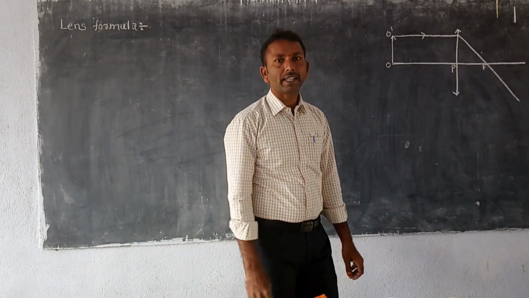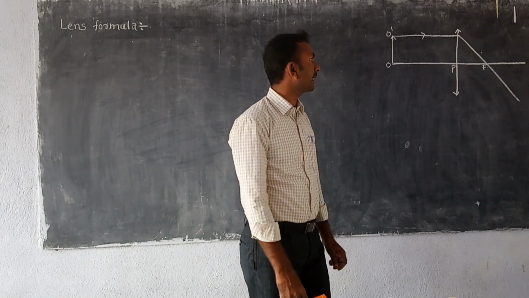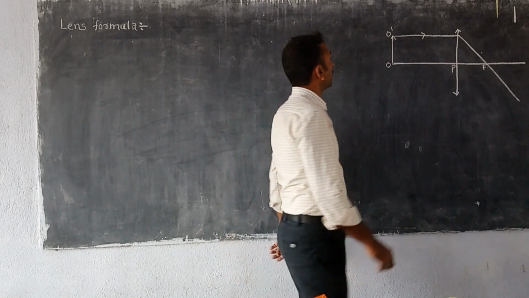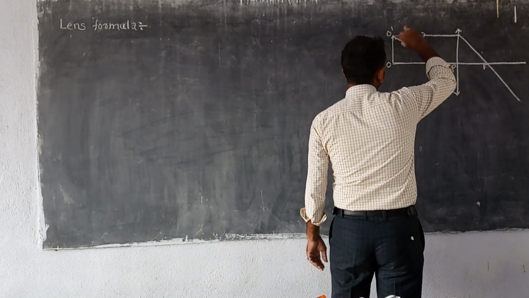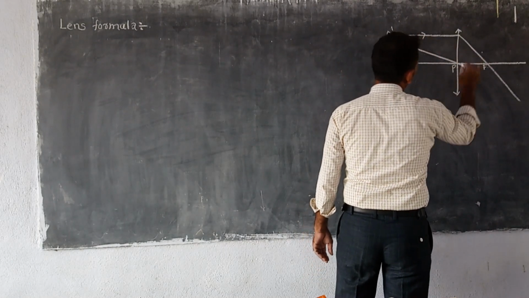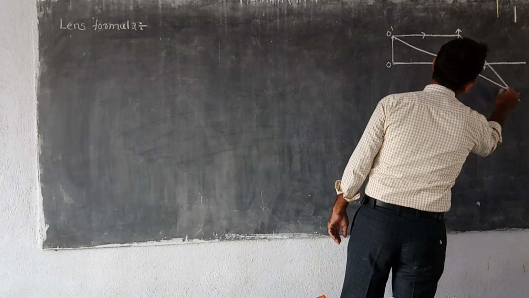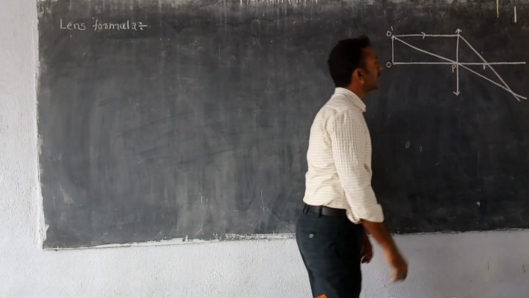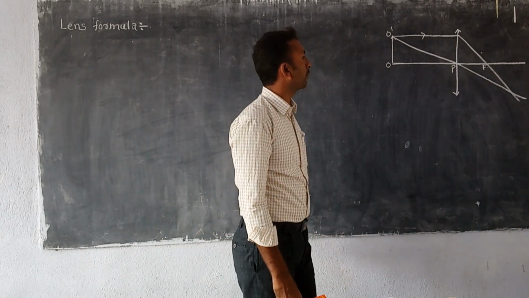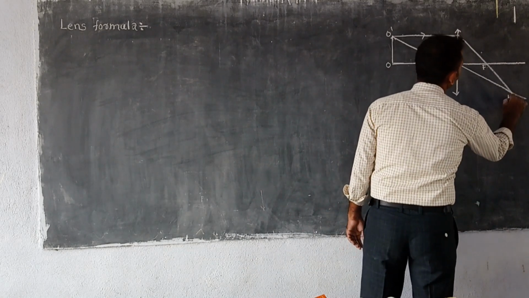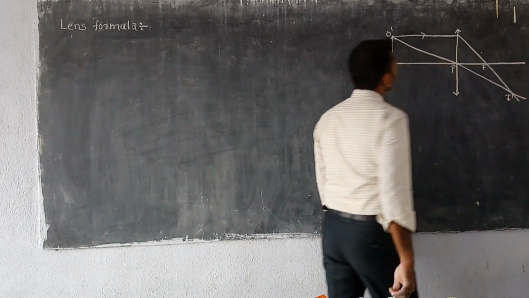The second light ray is the one going through the optic center, and these two light rays will meet at one point. That point is I dash.